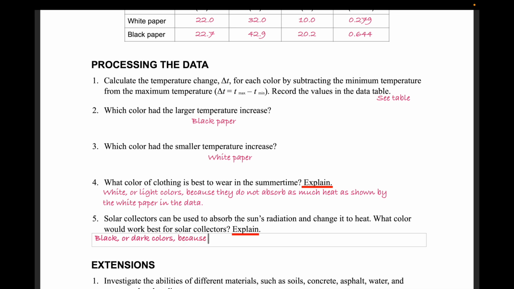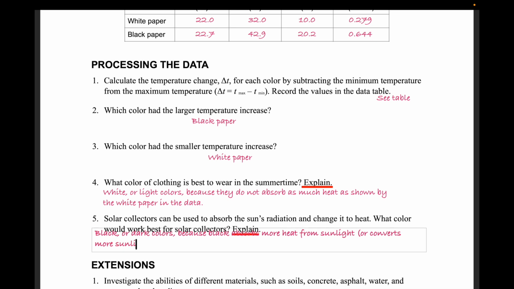Because, okay, I kind of worded this weird, but black because black absorbs more heat from sunlight or converts more sunlight into heat, because visible light is not heat. It gets converted into infrared when it's absorbed.